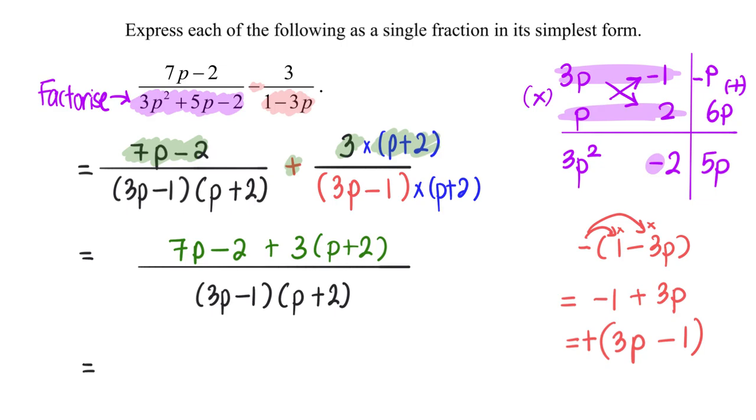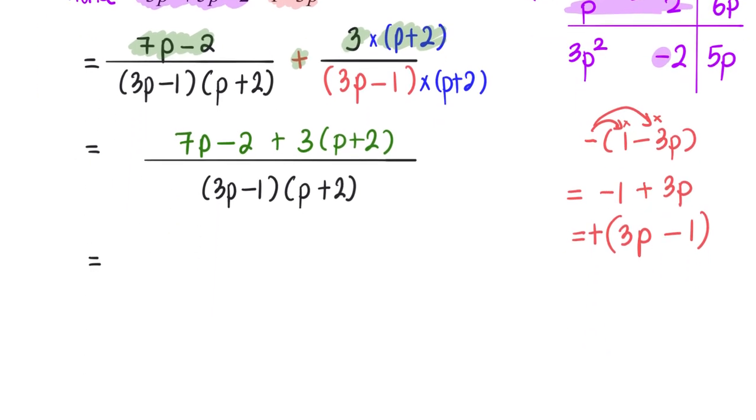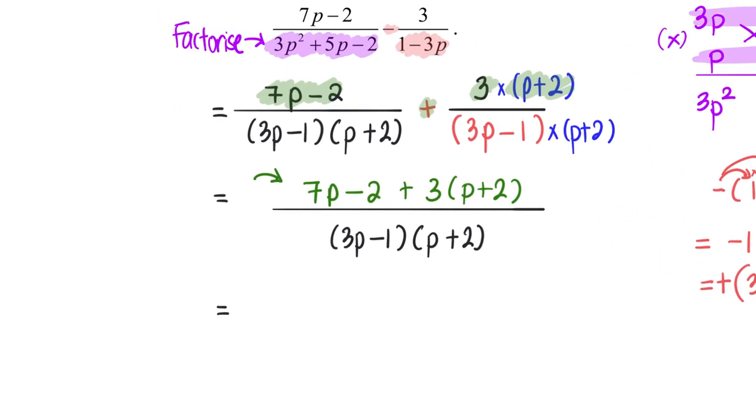And the next step is for us to expand and simplify the numerator. Now that I've combined into a single fraction, I need to expand and simplify the numerator. Okay, not forgetting the denominator.